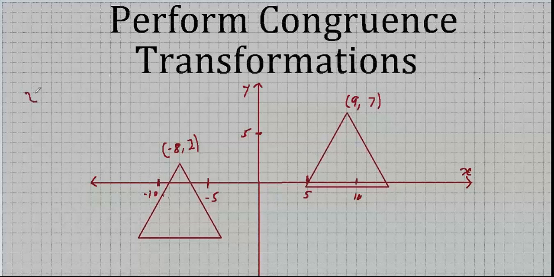We do it this way. (x, y) goes to... And what's this part here? This is called the image of the transformation. This is the original object. This is the image under the transformation.